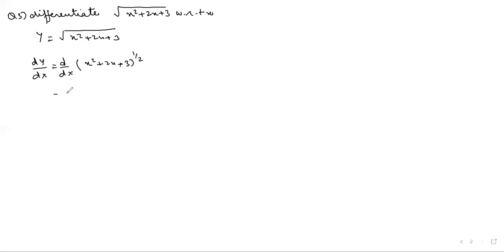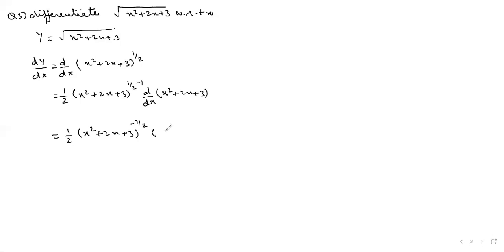Now, according to the first step, write down power as a coefficient, subtract 1 from the power, and multiply with the derivative of the base. 1 over 2, x square plus 2x plus 3 power minus 1 by 2, and the derivative of the base is 2x plus 2.